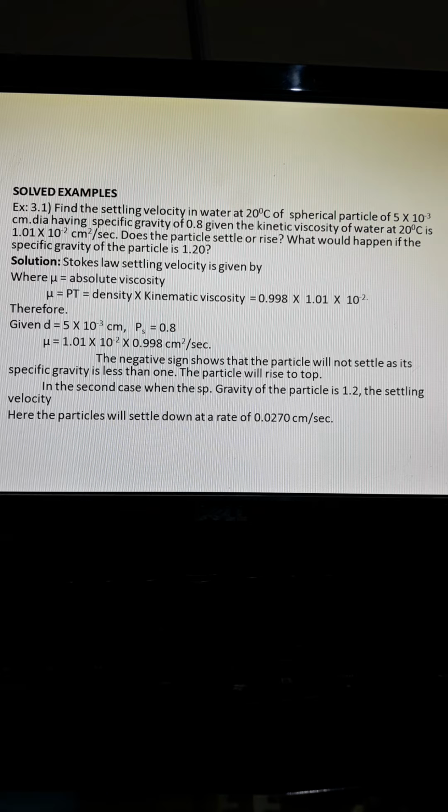So here the question is, does the particle settle or rise? And what would happen if the specific gravity of the particle in the second trial is 1.2?